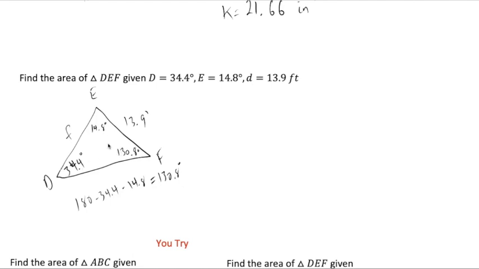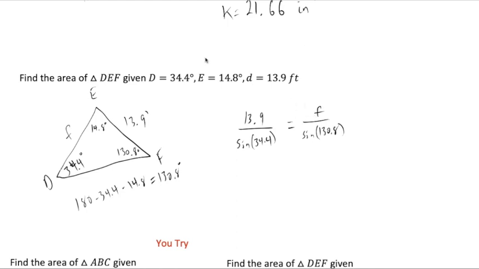So now I have the completed ratio, and I have angle F to help me find side F. Since I'm solving for a side, I'm going to use the law of sines, but I'm going to put my sides up on the numerator. So we have side D, 13.9, over the sine of angle D, which was 34.4, equals side F over the sine of angle F, which was 130.8.